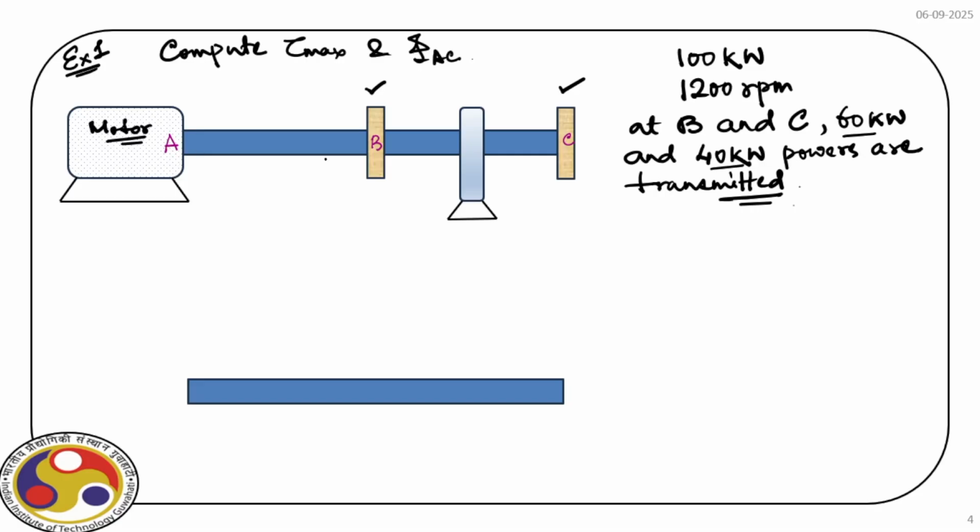That means total rotation and the maximum stress developed. And given capital G is equal to 80 GPa.